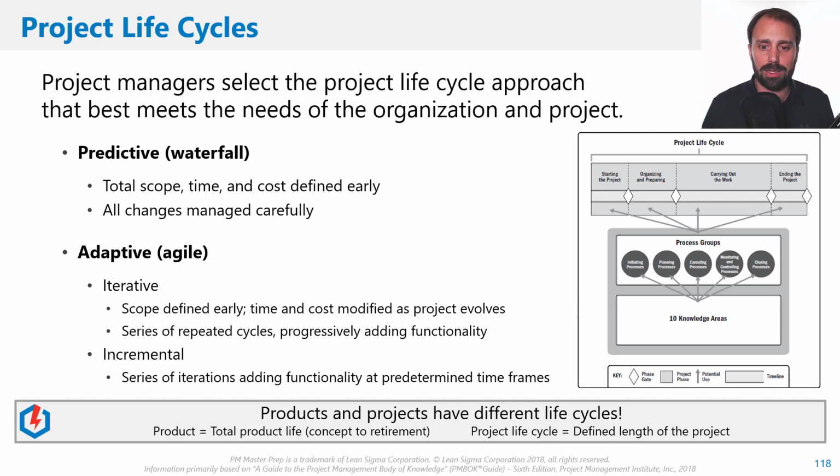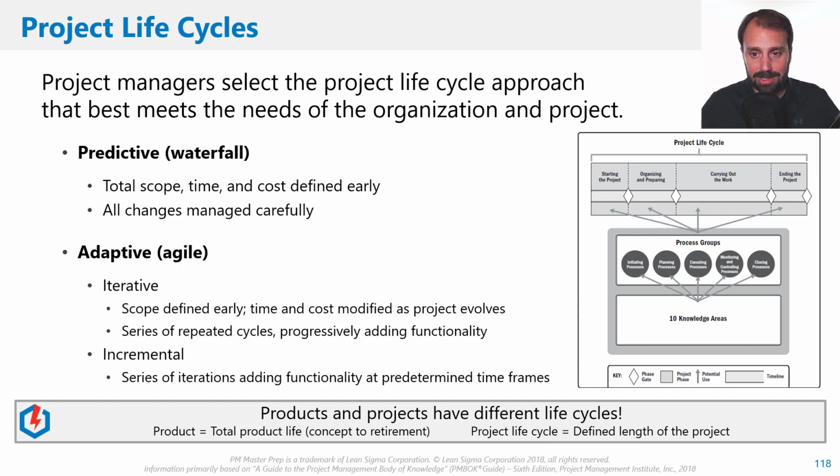But within the product life cycle, there can be a project life cycle. And that has a defined length. And that's the defined length of the actual project to do something, to create the cereal. Okay. And so in creating the cereal, it could be starting the project, like we'll use the example on the page here, organizing and preparing, carrying out the work. Maybe it's like building the design of the box, putting the things together, setting up the production lines, those things, and then ending the project.